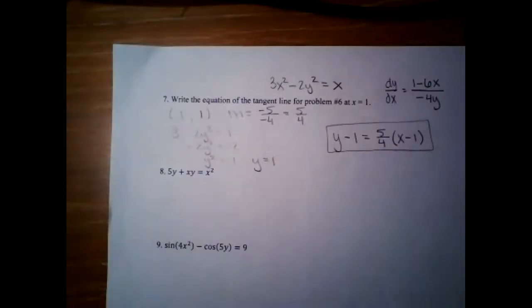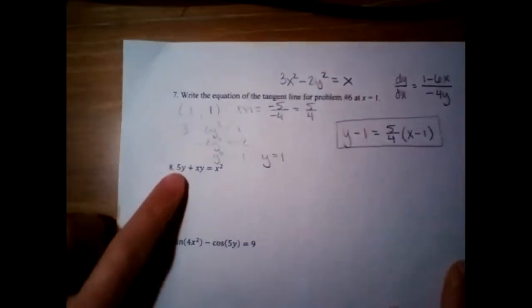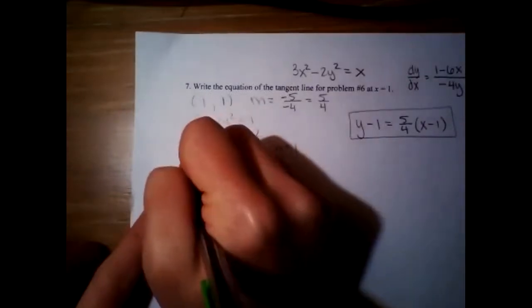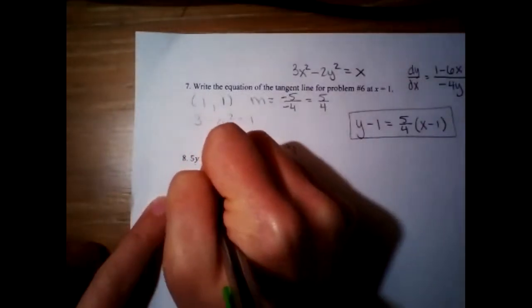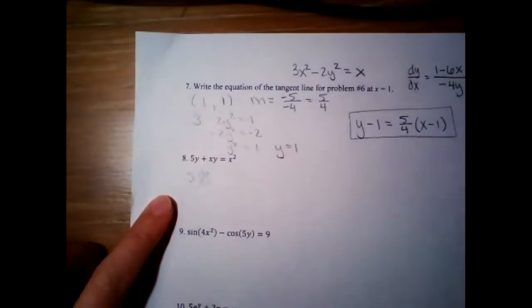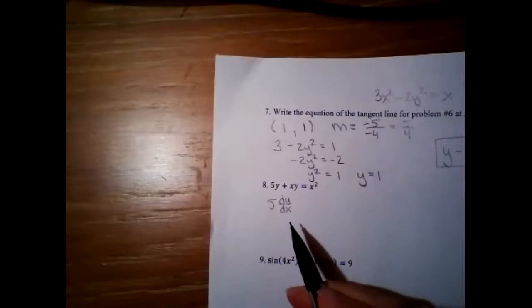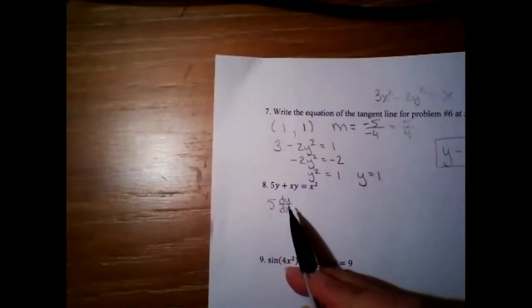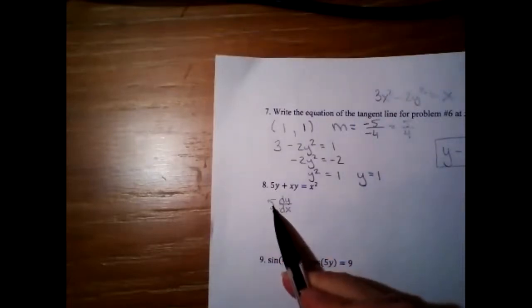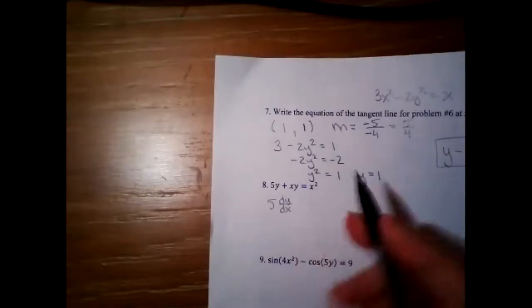Right, so the rest of these, we're just going to get the derivative. It's all just find the derivative. All right, so for number 8, derivative of 5y is going to be 5, and then you have to multiply on a dy dx. Again, anytime you do a derivative of a y variable, you have to chain rule on a dy dx. So this derivative would be 5, and then we multiply dy dx.